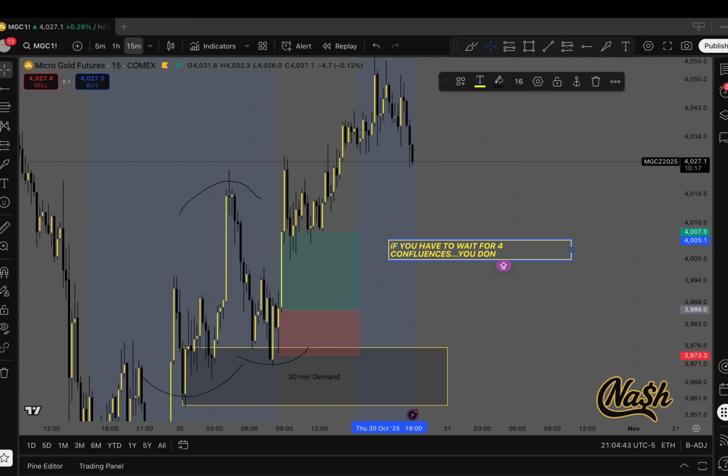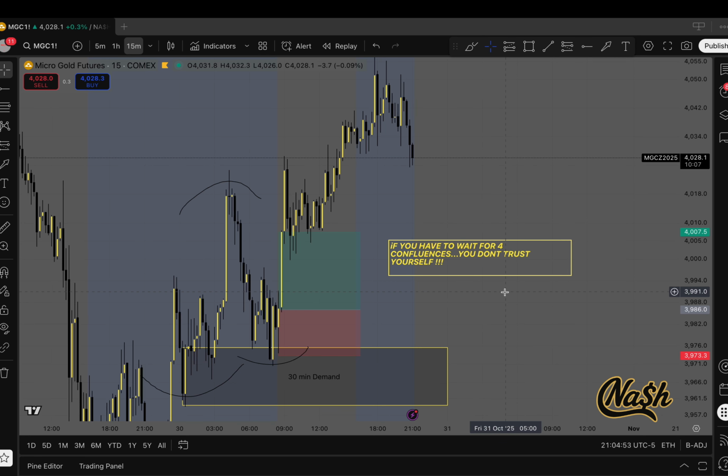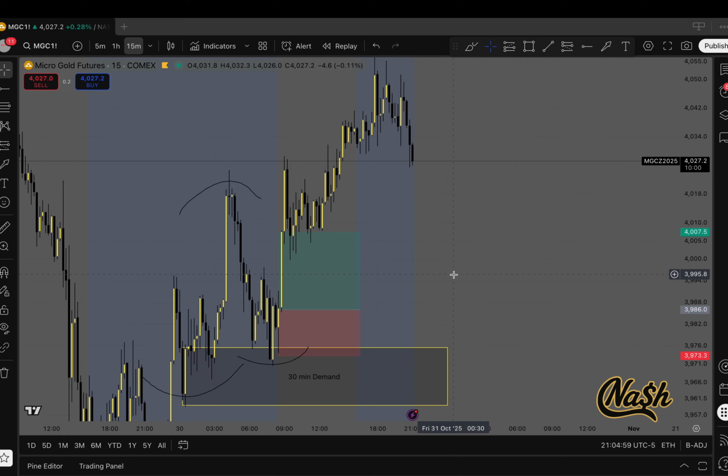If you have to wait for 4 confluences, you don't trust yourself. You don't trust your strategy. You don't trust your skill set enough to even get in a trade. And that causes problems later on when you're trying to develop your trading skills and your trader's brain. If you cannot trust 3 confluences, then you do not trust yourself.